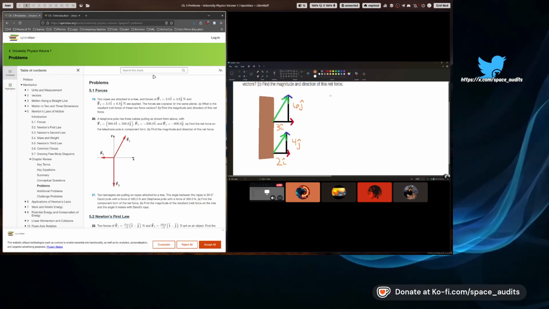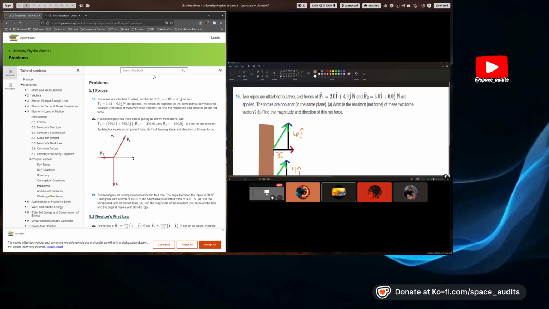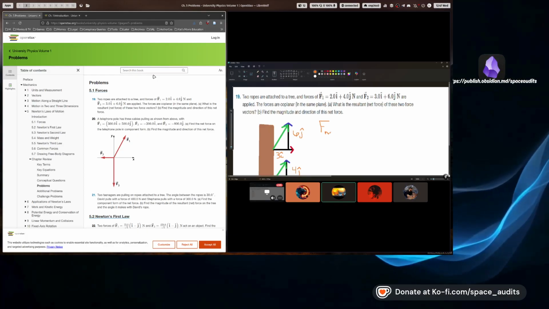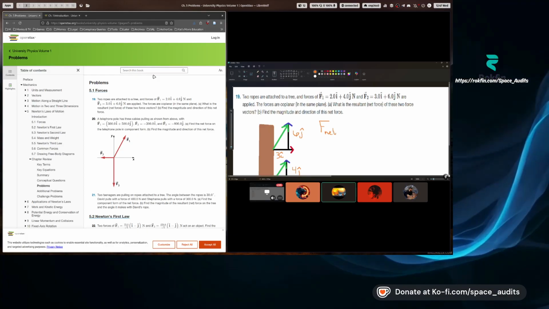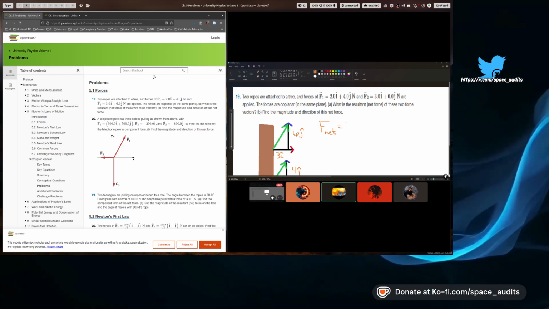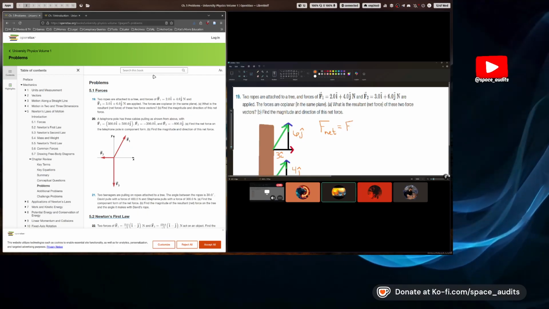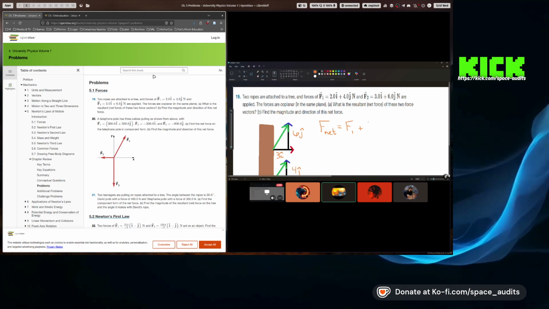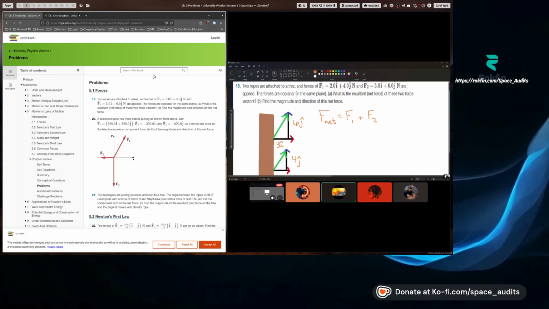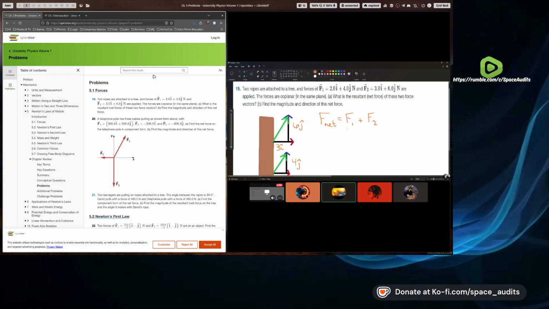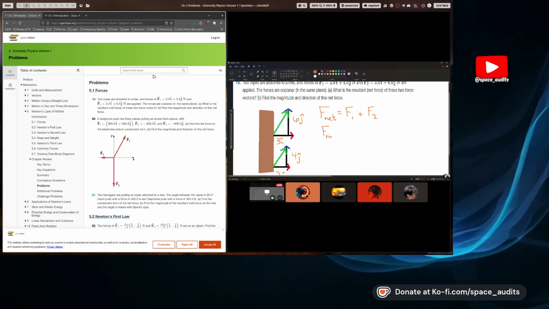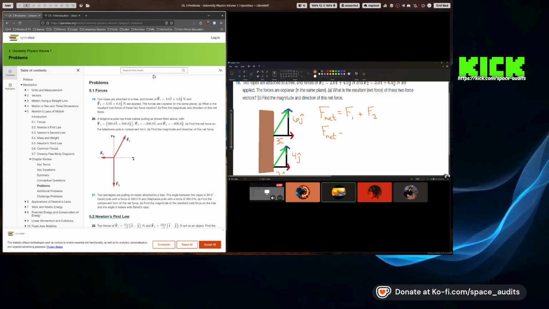So I'm going to say F net. Now our net force is always going to be equal to the sum of all the forces. So in this case, we've got two of them. So it's going to be F1 plus F2. So that's our net force equation. Now, we can further simplify this by breaking F1 and F2 down into their components.